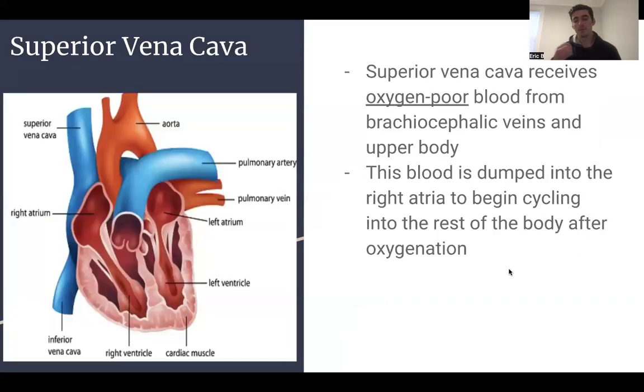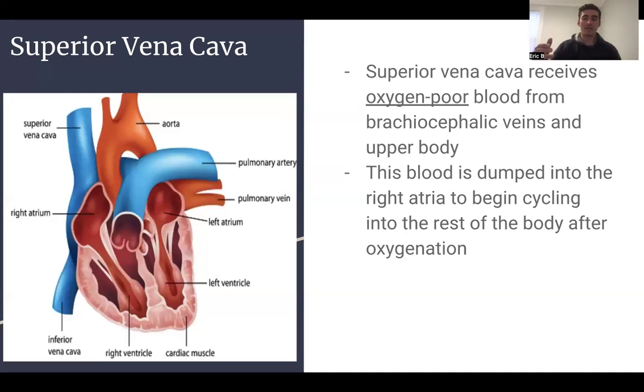Now, when we refer back to the right atria, we were wondering how we got blood and how it was deoxygenated. Over here, if you follow the cursor, we have the superior vena cava. The superior vena cava is going to be receiving deoxygenated blood from most of the upper extremities. If you think about the thorax and the upper body, like the head, neck, and shoulders, and all those anatomical parts, that blood is going to be recycled after it's been used.